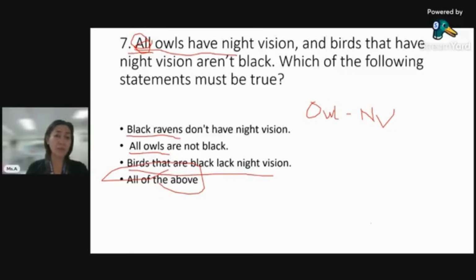And then, owl, considering owl is a bird, you are also referring to the owl as a bird. Tapos may night vision siya, which is lahat sila. So, hindi sila black lahat. Okay. If that would be much easier for you, yes.